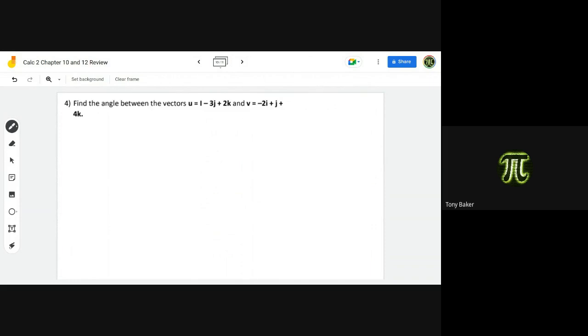So what was the formula for angle? Cosine theta equals A dot B over the magnitude of A times the magnitude of B.